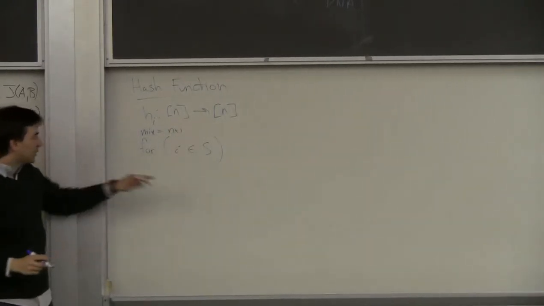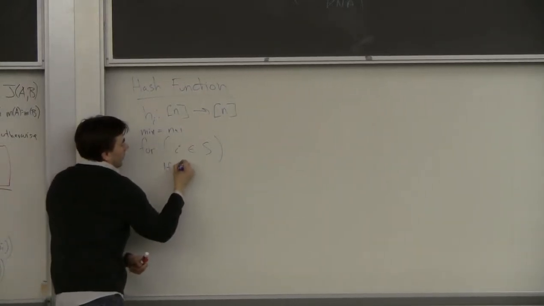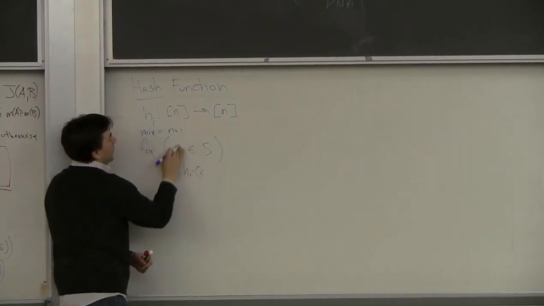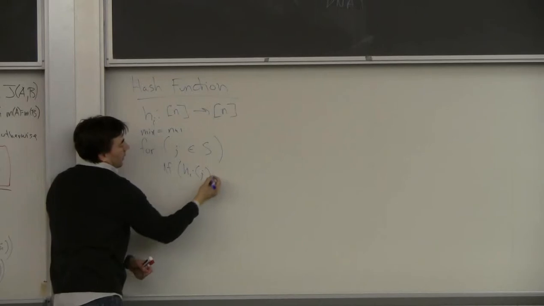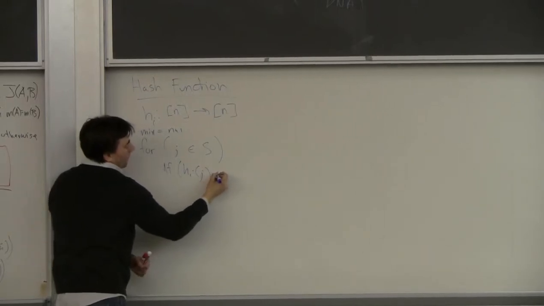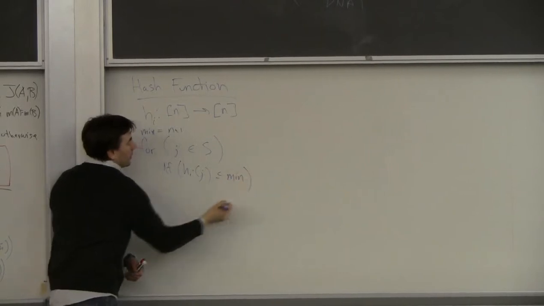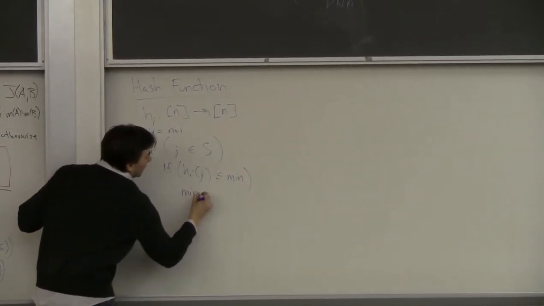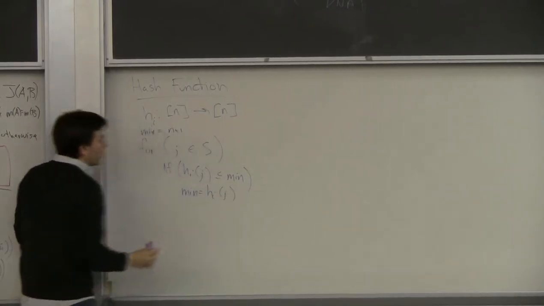Now for each value i in the set, if h_j of i is smaller than or equal to our value min, then we set min equal to h_j of i.